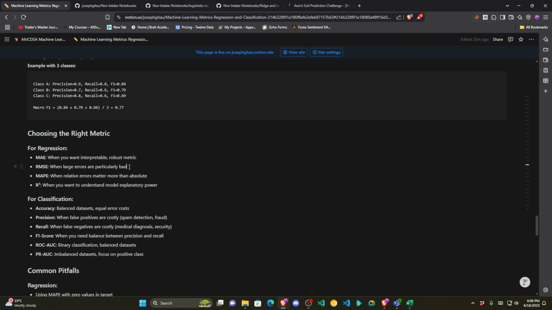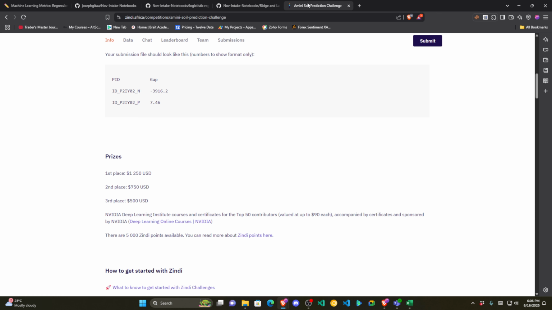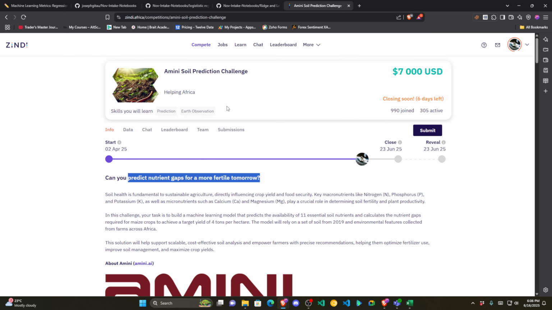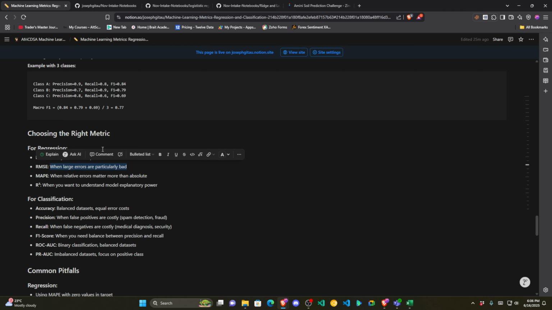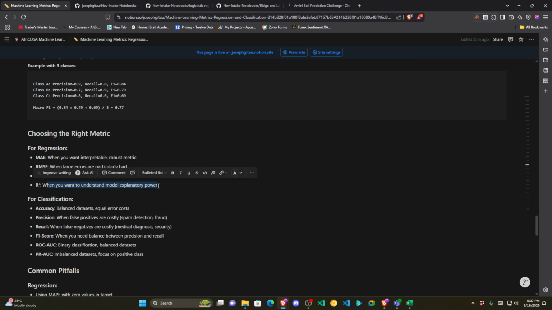So you will need an evaluation metric that will penalize large errors, and that's the reason why this competition is using that metric for its evaluation. And then we've got the MAPE, when relative errors matter more than absolute. And then we've got the R squared score, when you want to understand model explanatory power.